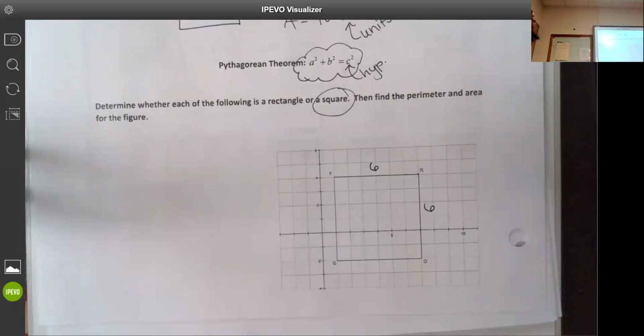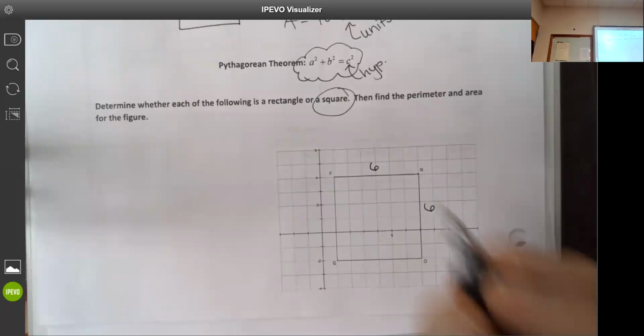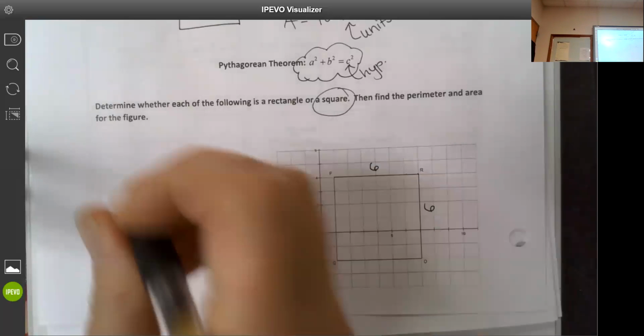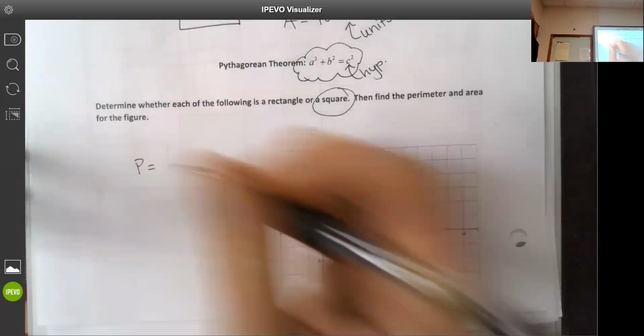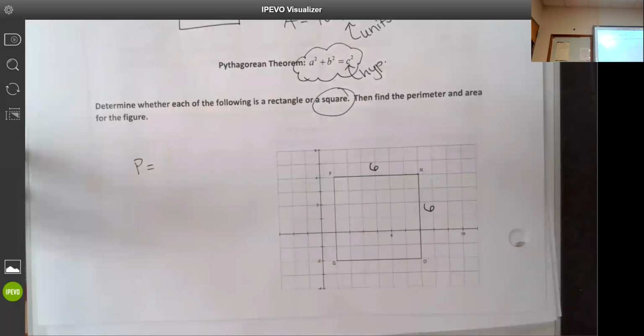So for this one, I can just use my formulas. The reason we talk about our formulas at the beginning of this unit is if it's a shape like this, that's just lying flat on the graph, I don't want to forget that I have formulas that I can use. So I know that this is 6 by 6, it's a square. So my perimeter, how many sides do I have that will be 6 units? 4.